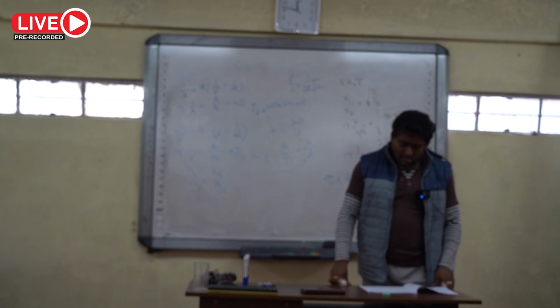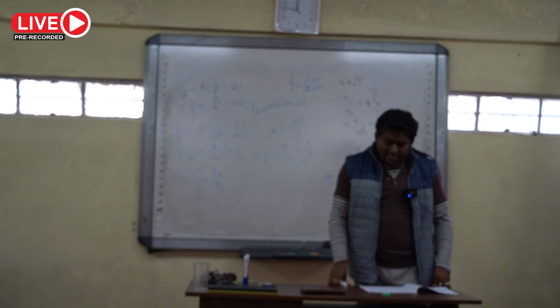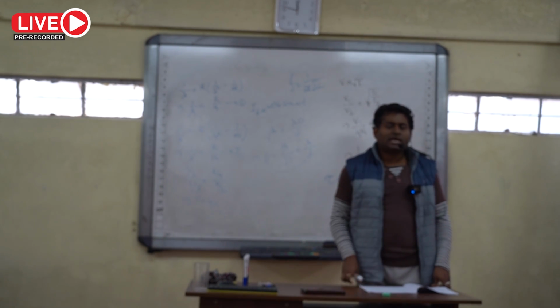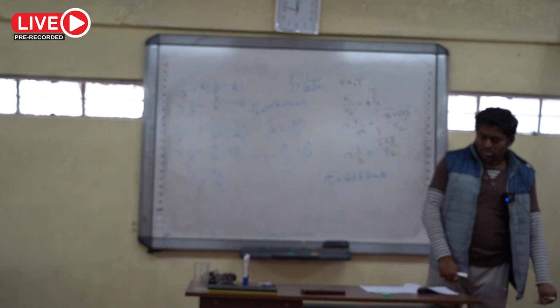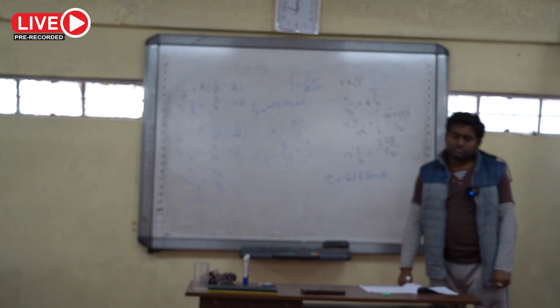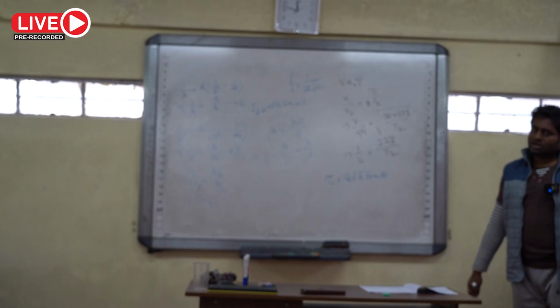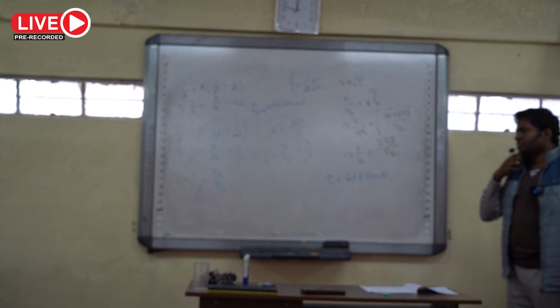So angle is given, field intensity E is given, dipole moment is given, torque is given, dipole length is given. You have to only calculate Q. Answer is in millicoulomb. So convert all the quantities in SI, calculate and find out the answer.